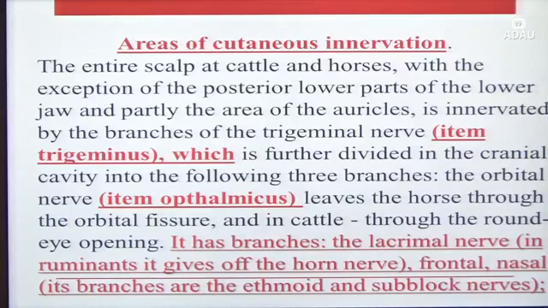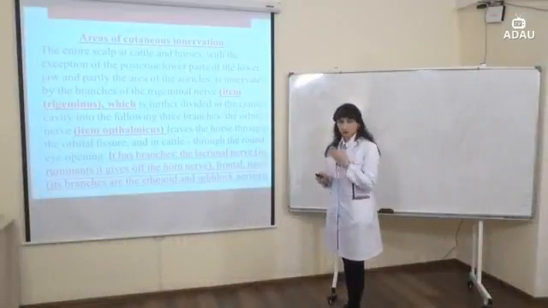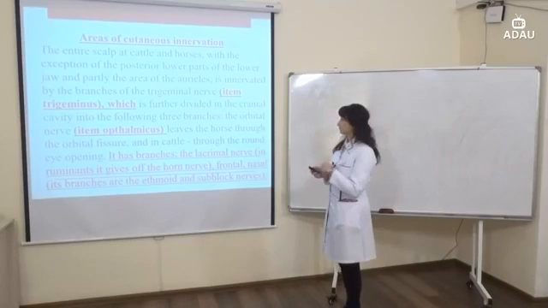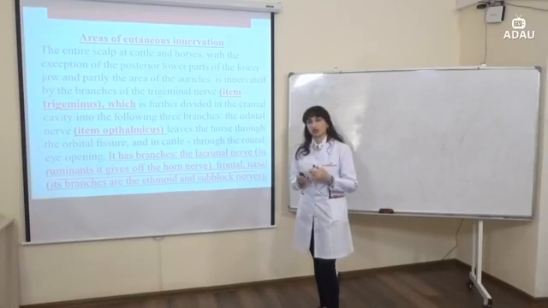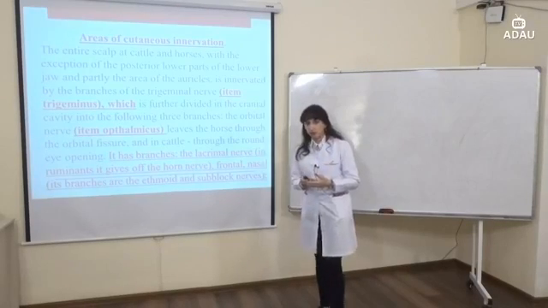The first is maxillary, then mandibular, and these maxillary and mandibular nerves divide into other different nerves, which we will now talk about. The trigeminus is further divided; this is the orbital nerve, which should be called ophthalmicus.